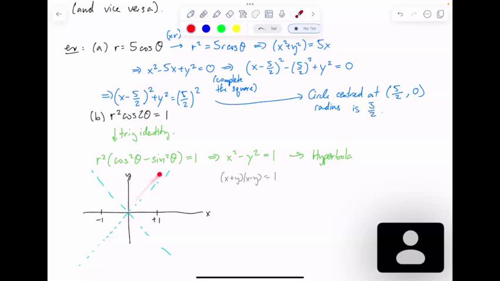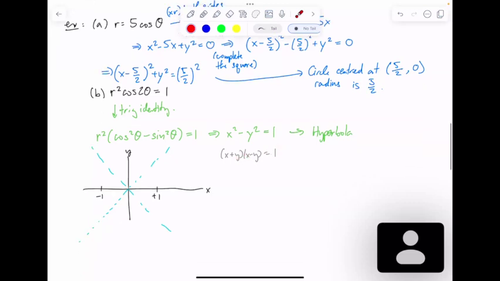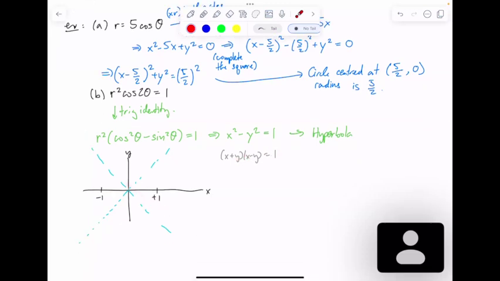At y equals x, this term is 0. At y equals minus x, this term is 0. Whenever one of these is 0, you cannot be on this line, because as soon as one vanishes, the product is no longer 1. So you can never be on any of these lines, and the best you can do is approach them asymptotically.